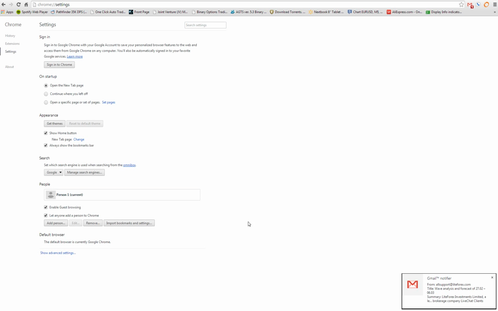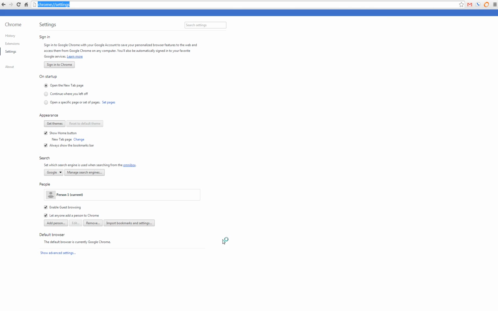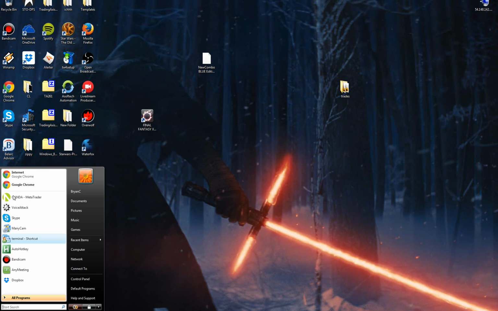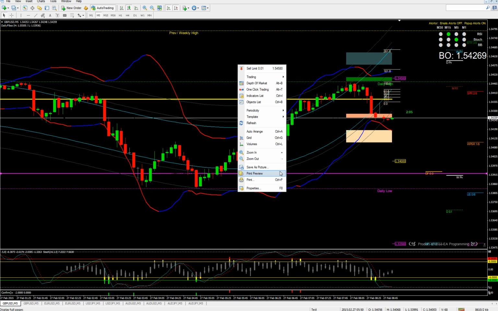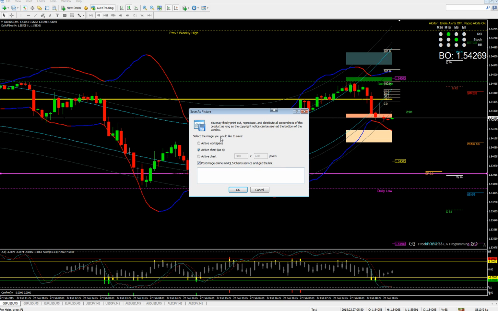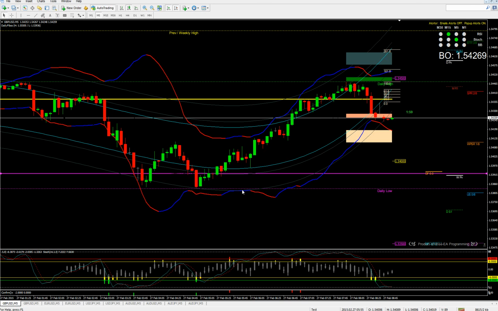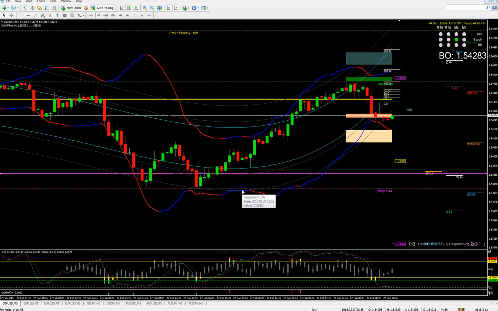Make Chrome the default. Okay, so Chrome's my default, so let's see if it works now. Maybe it was just a thing with the browser. Hopefully it was, because I don't want to waste a day. It's still not popping. It should pop up the chart here, so I'm guessing it's an issue with MQL5 right now.